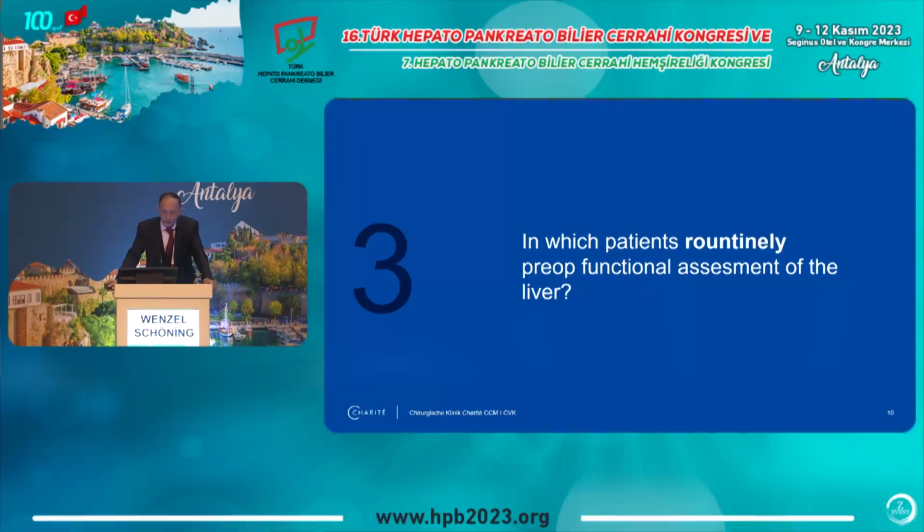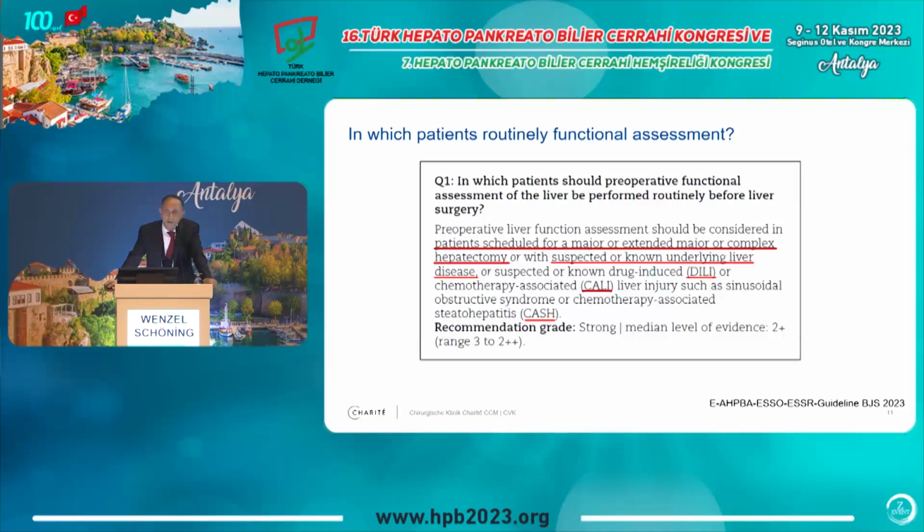So in which patients should preoperative functional assessment of the liver routinely be performed? This is a question the guideline asked at first, and the answer was: preoperative liver function assessment should be considered in patients that are scheduled for a major or extended major or complex hepatectomy with suspected or known underlying liver disease, or suspected or known drug-induced, that is DILI, liver disease, or chemotherapy-associated, that is CALI, liver injury.